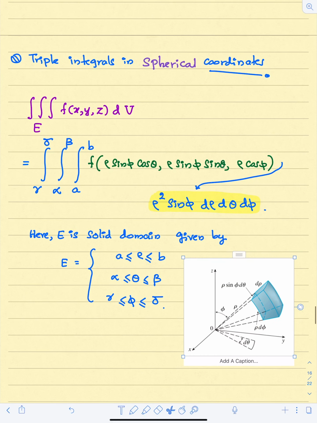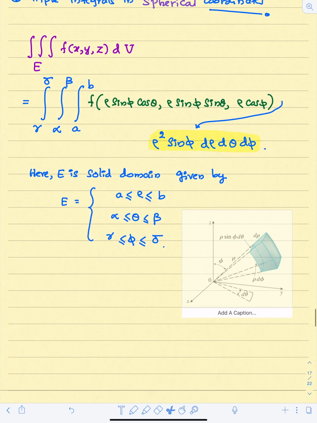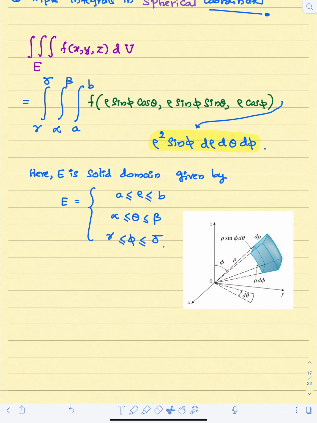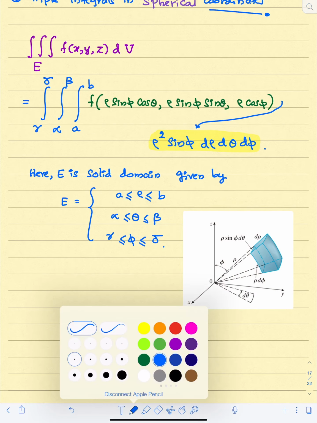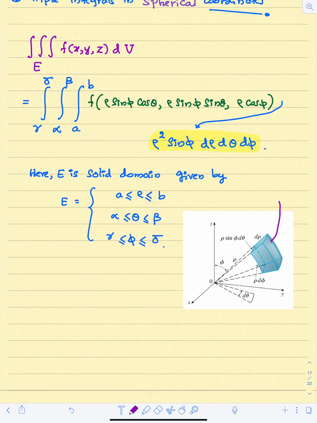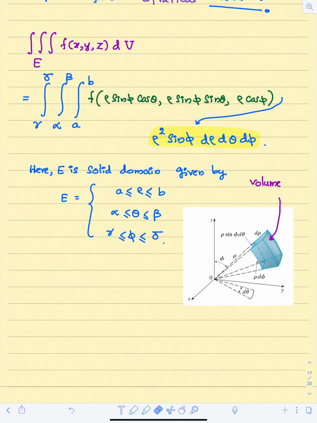And here is an image of the volume element dV. So this spherical wedge is the volume element in spherical coordinates.